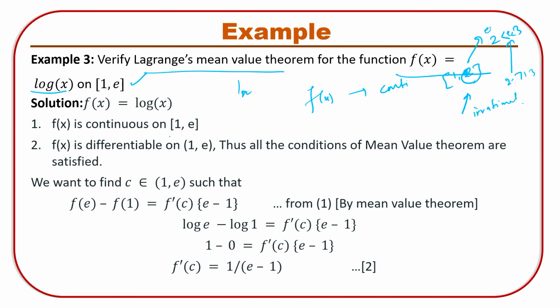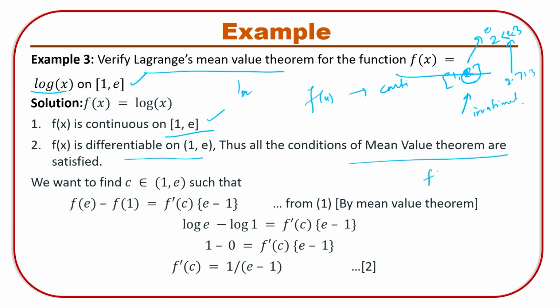So the function is continuous in the closed interval [1, e]. Why? Because every logarithmic function is continuous on a closed interval where x is greater than 0, and it is differentiable in the open interval (1, e). Thus all conditions of the mean value theorem are satisfied. Now I have to find the point c, right? To find the point c, firstly let us find the value of f(x) at those endpoints.